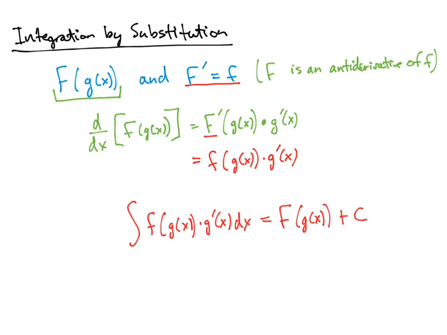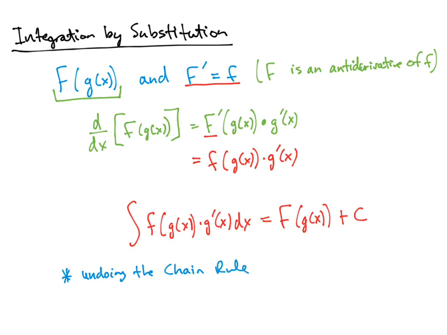So this will make more sense as usual when we look at a few examples. But first, the key thing here is that using this sort of substitution, we can think of this as undoing the chain rule.